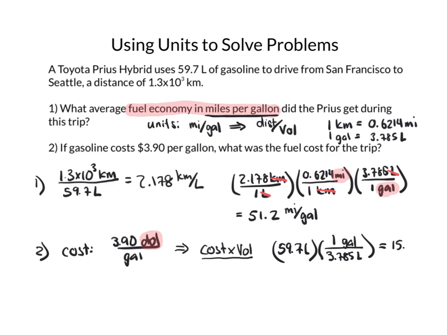15.77 gallons. So I used 15.77 gallons in going from San Francisco to Seattle for this trip. And so now if I take the cost, $3.90 per gallon, and multiply by how many gallons I used, 15.77 gallons, then because gallons are on the bottom here and on the top up here, they're going to divide out, and my answer will be, as I want, in dollars.